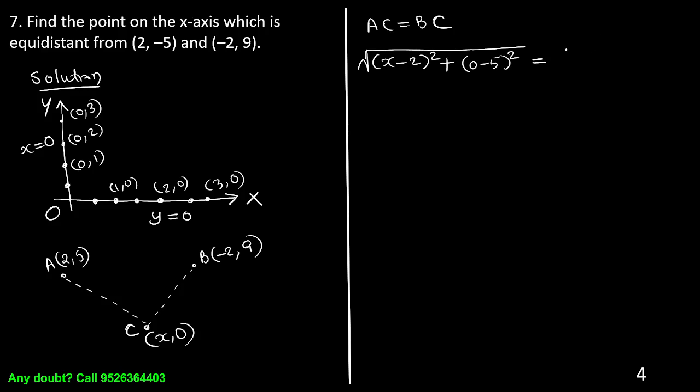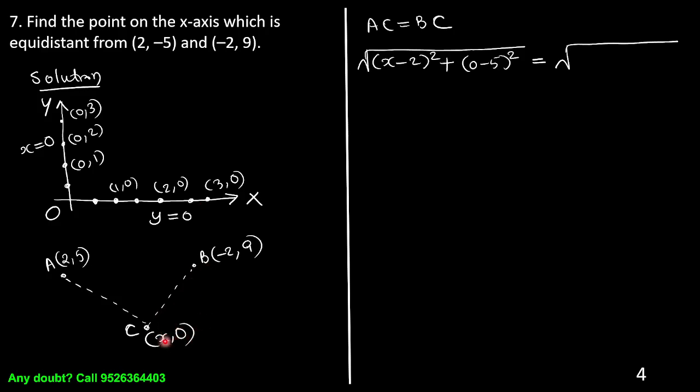The next is I want BC. Root of, BC, again use distance formula. The order of the subtraction is not important. I mean x minus of minus 2 or minus 2 minus x. The order of the subtraction is not important. So I am going to find out BC.